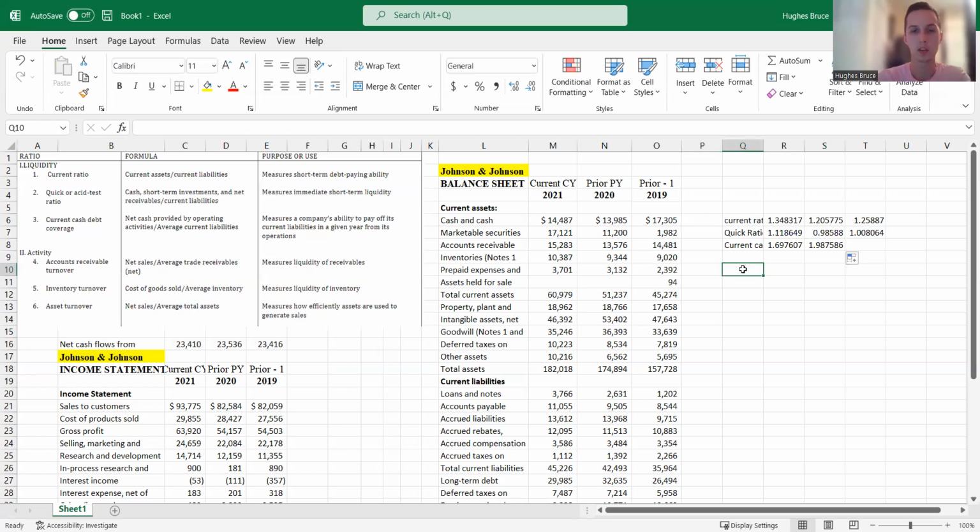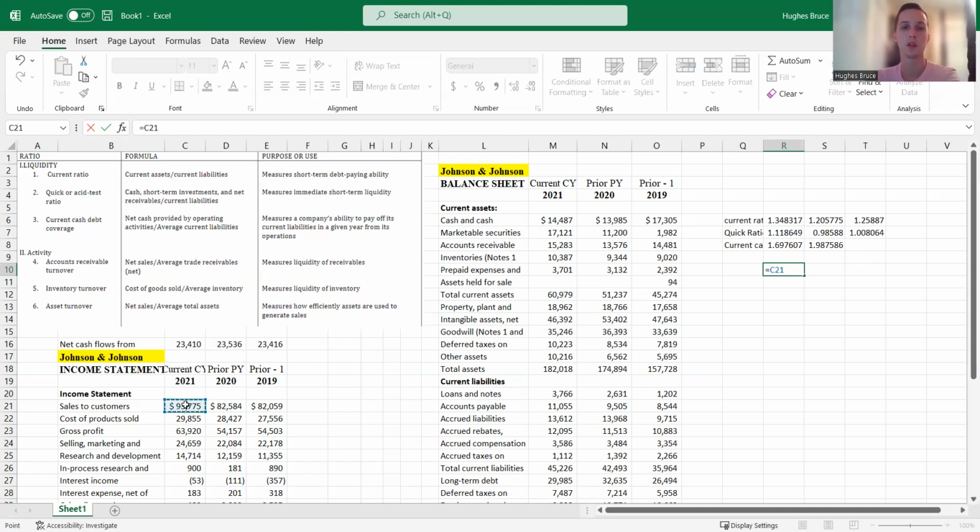So we would take the net sales, which in this case would just be sales to customers, divided by the average accounts receivable. Here they have it as trade receivables, but it's the same thing. So you can also do the average function in Excel, where you just take the average of the current year and the previous year.